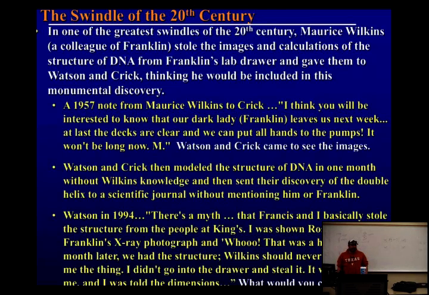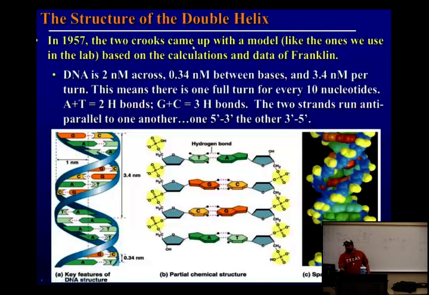What do you call that? Plagiarism. It's plagiarism. But these guys got a Nobel Prize. Is that right? So I like to call them Watson and Crick, because that's what we are. So in 1957, the two crooks came up with the model based on the calculations from Franklin.